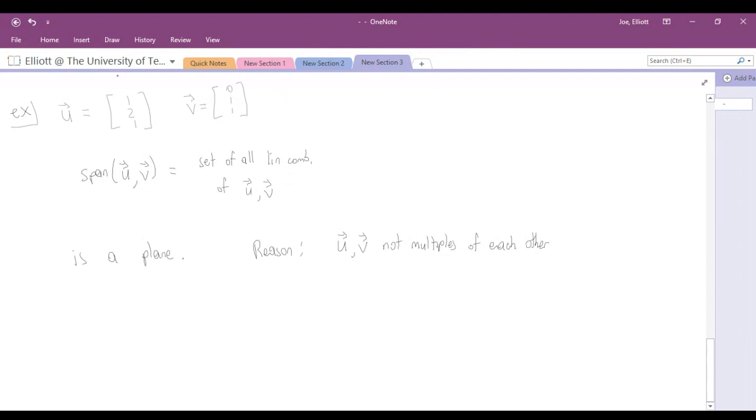All right, now if I were to throw in a third vector, let's say I throw in w, which is 2, -1, and 3. Now I'm going to ask, what's the span of u, v, and w all together?